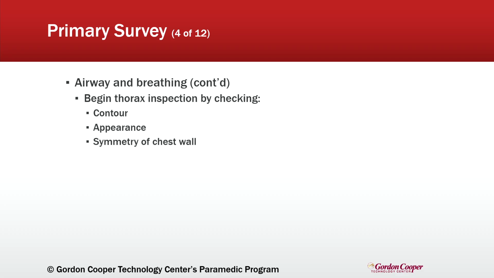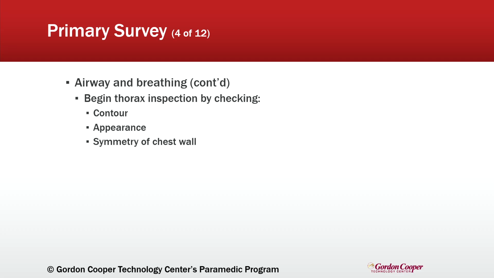So our thorax inspection. We want to begin our assessment of the thorax by checking a few of the following. We want to check for the contour. We want to observe the shape of the chest, look for deformities or abnormal contours that might indicate some injuries, as well as looking at the appearance.